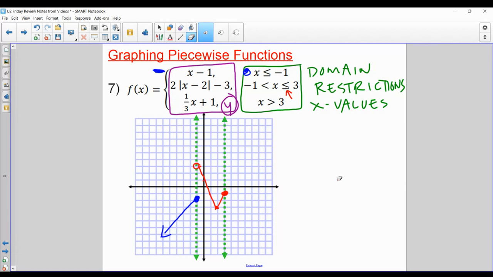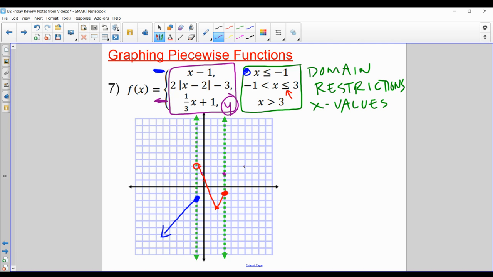Okay, then I'm going to look at my last piece. My last piece is going to be this line that has a y-intercept at 1 and a slope of 1/3. So I would start at 1, go up 1/3, and there's my first point that's part of the domain.